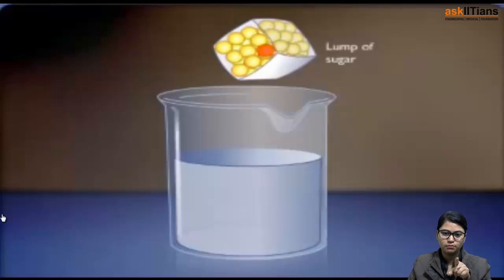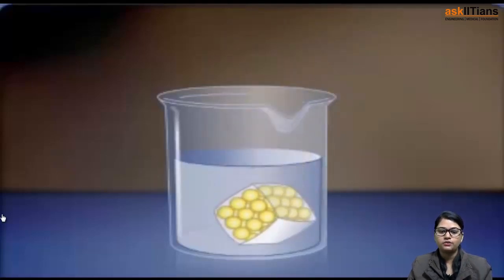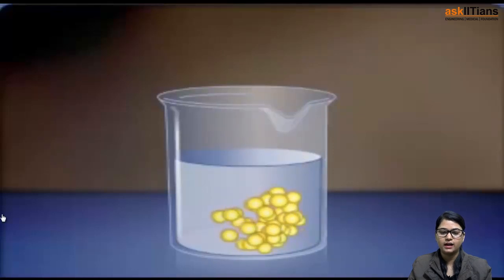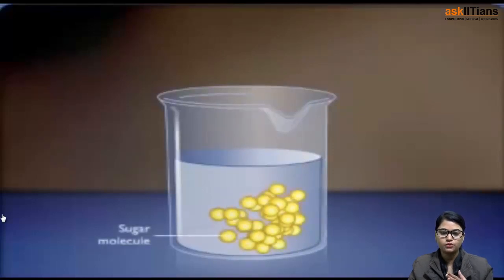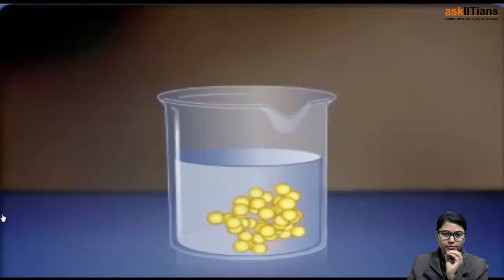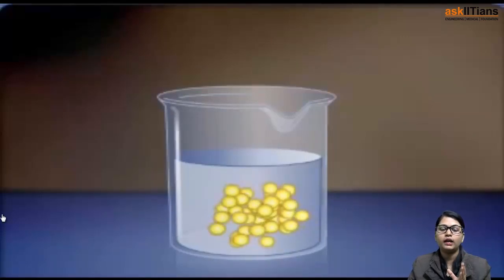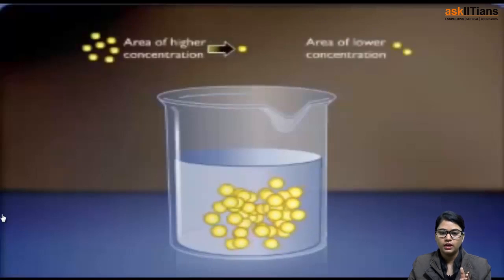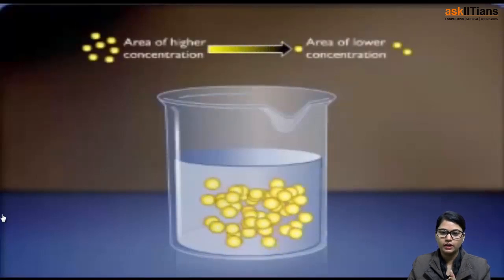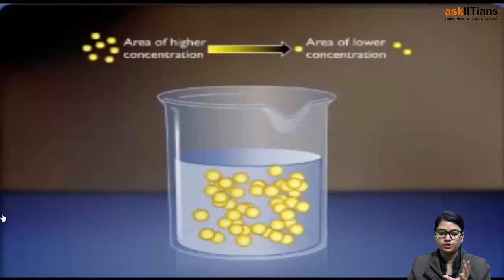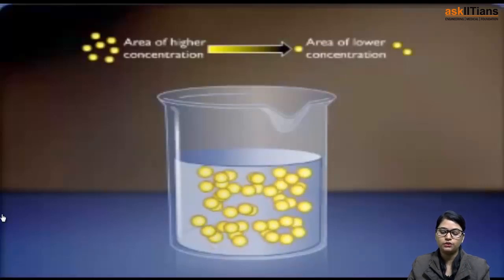You can see the particles of the sugar molecule are in random motion in the lump itself. So the sugar is dipped, and you can see it's starting. The molecules are starting to move from the higher concentration towards the area where they have the lower concentration. Now you can see the sugar molecules have started to spread out in this complete solution.